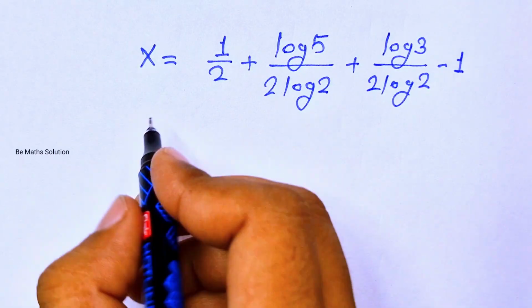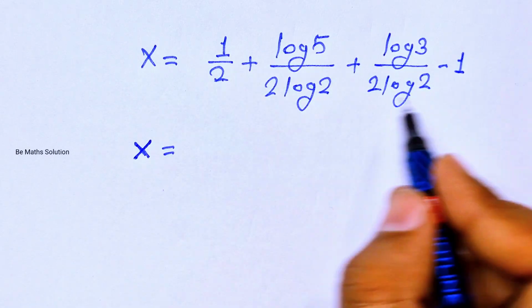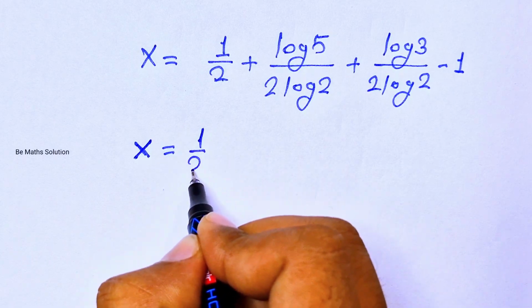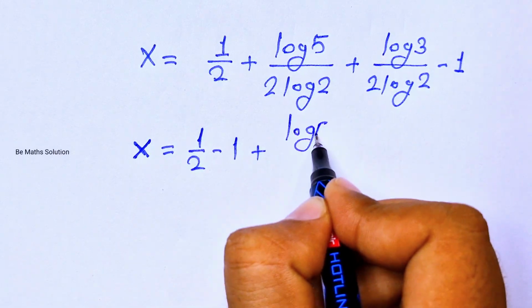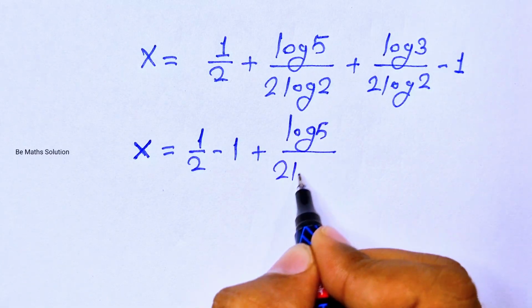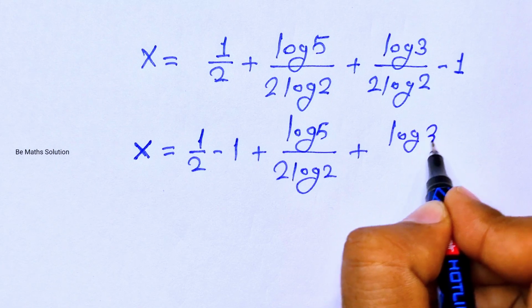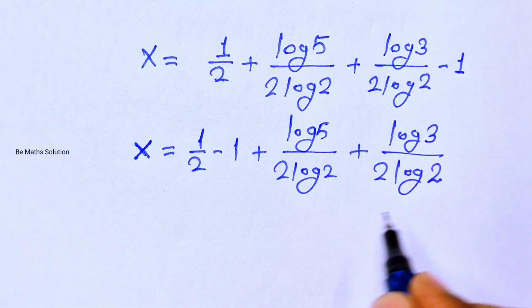Then x is equal to 1 over 2 minus 1, plus log of 5 over 2 times log of 2, plus log of 3 over 2 log of 2.